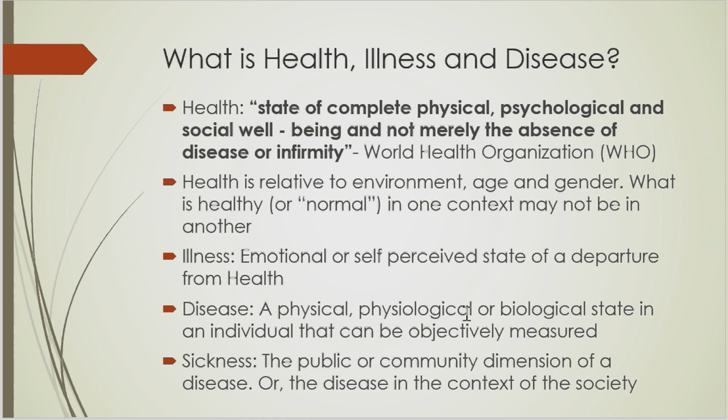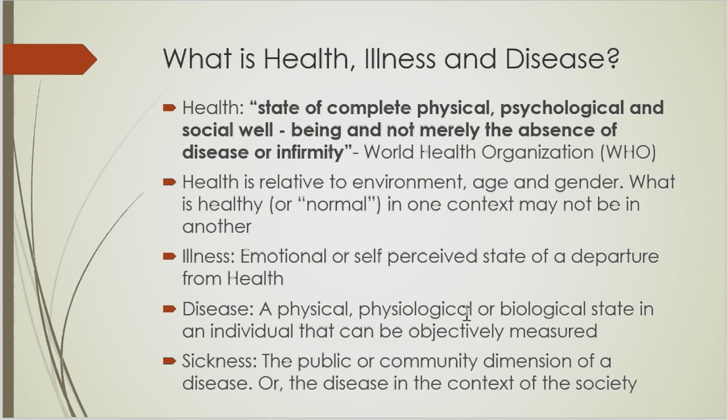So there's an important distinction there. Illness refers to what the individual perceives their state to be, and disease is the objectively measured state of that person with some sort of physical, physiological, or biological state which can be detected.